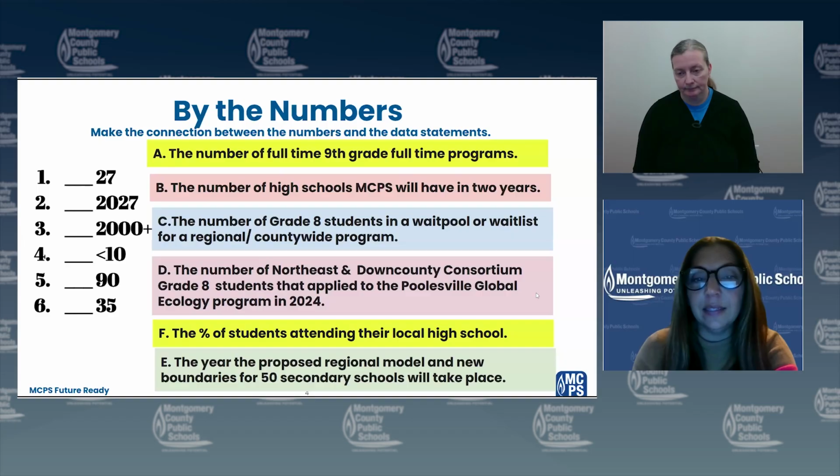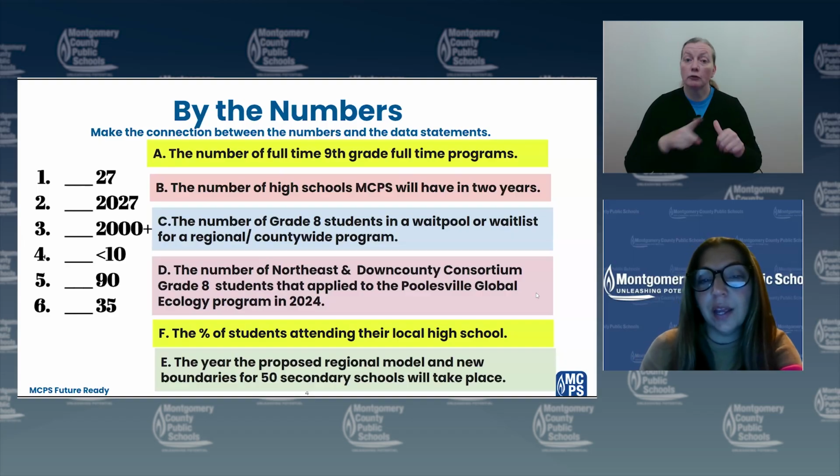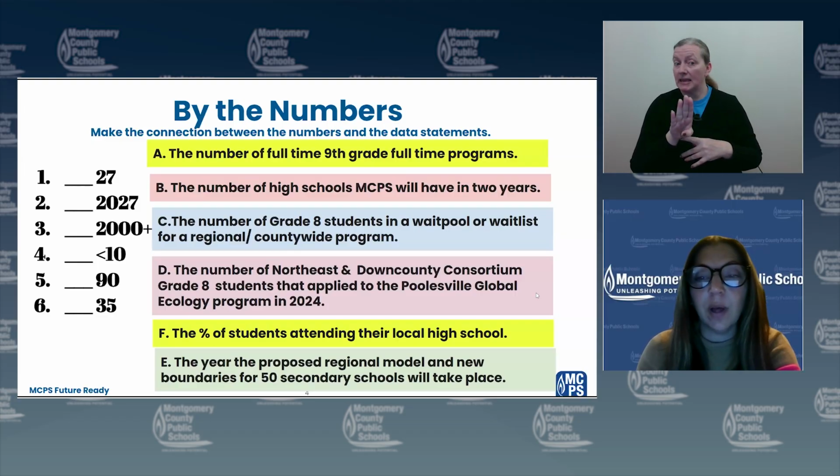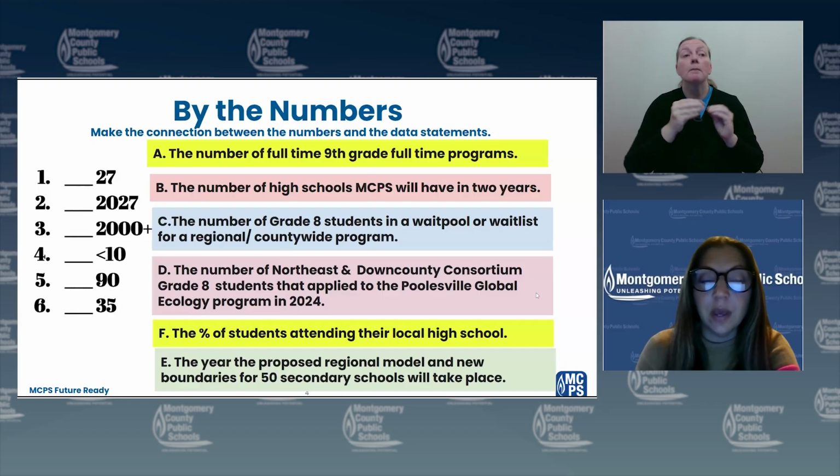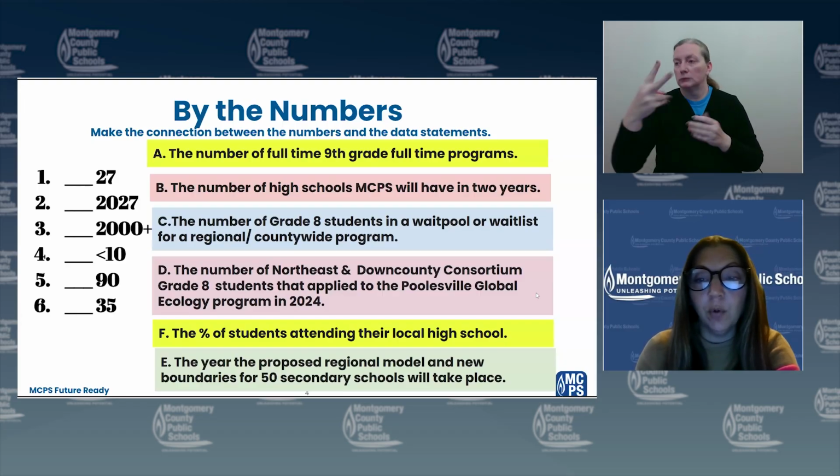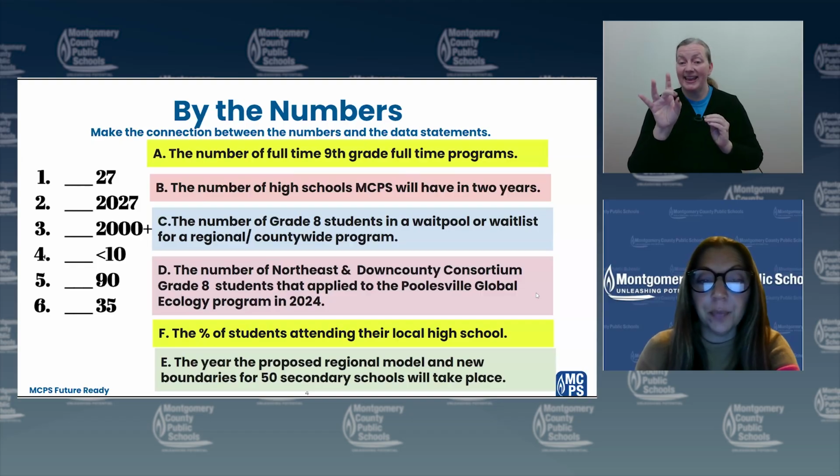A is the number of full-time 9th grade full-time programs. B is the number of high schools MCPS will have in 2 years. C is the number of grade 8 students in a wait pool or wait list for a regional or countywide program.